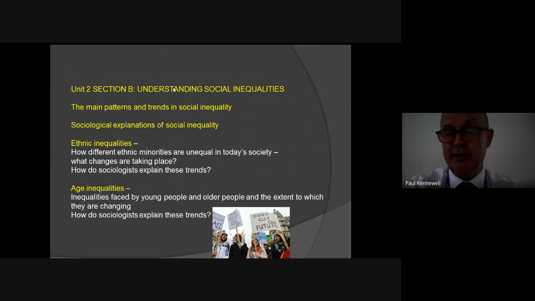Age inequality is an issue which has come more and more to the fore. It used to be that older people were considered to be the ones facing difficulties and money pressures. But increasingly in modern society, it's young people who are facing problems. We know from the recent events of coronavirus that young people have suffered the most.